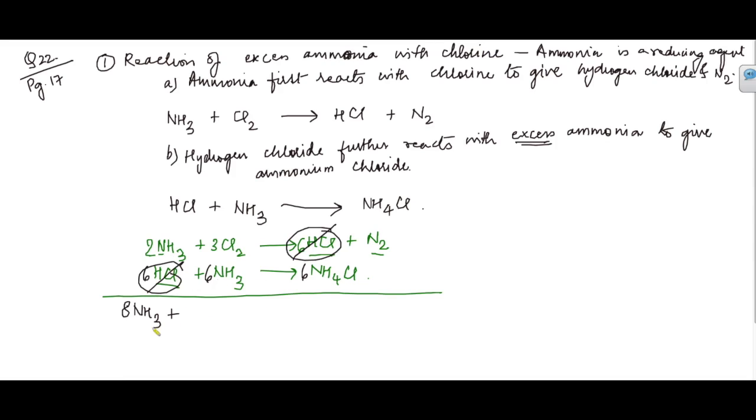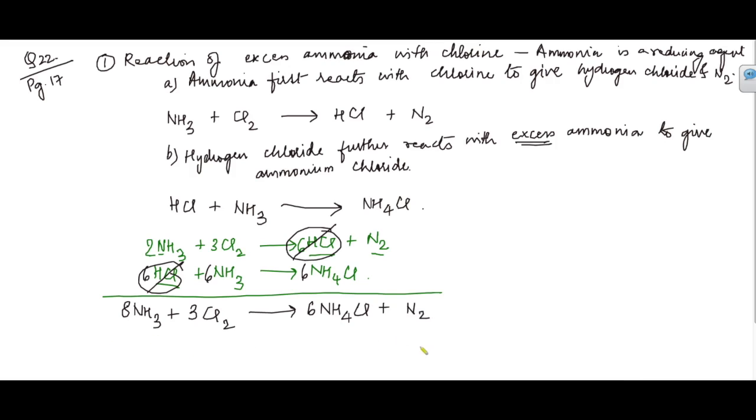I have 8 molecules of ammonia and 3 molecules of chlorine forming 6 molecules of ammonium chloride, also releasing nitrogen gas.